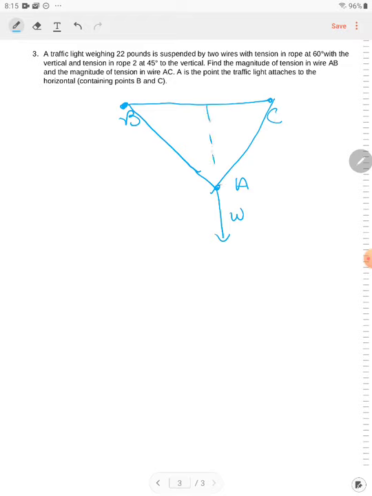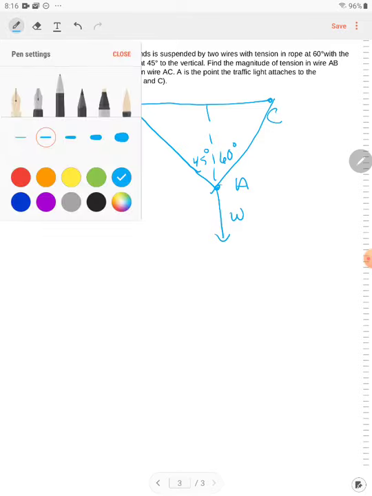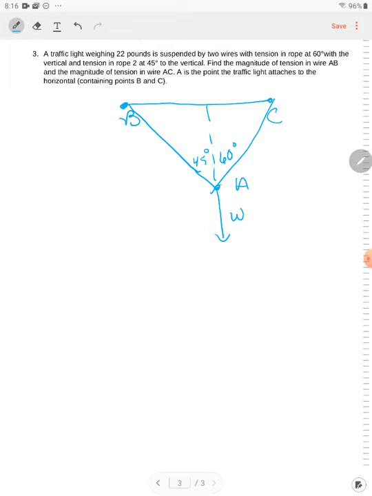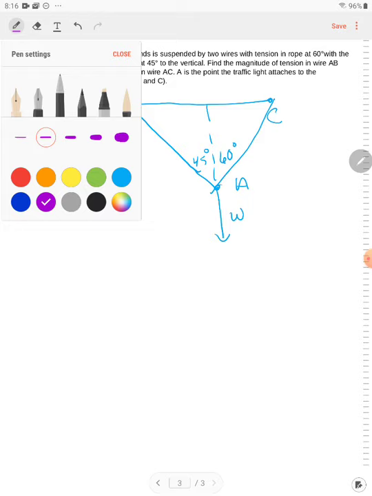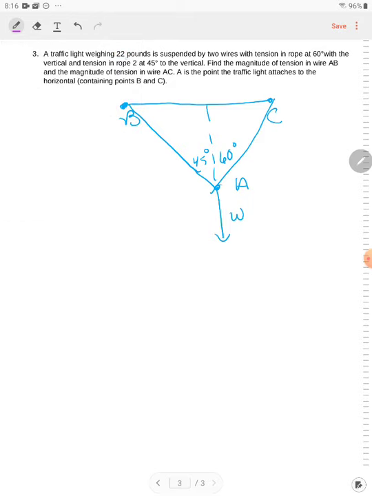The tension in one rope is 60 degrees to the vertical, and the tension in rope 2 is 45 degrees. So this is 45 and this is 60. The weight hangs straight down. Let's use some relationships of triangles to draw one triangle so we can use the law of sines.